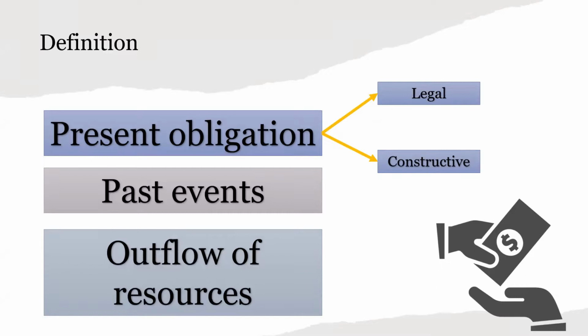So, pag sinabi natin na legal obligation, as we all know, it is a commitment to pay a third party based on underlying contract. So, example niyan yung mga purchase order, mortgage, bond issuance. Yung constructive obligation naman, it arises if may past practice yung company ng valid expectation on the part of a third party.